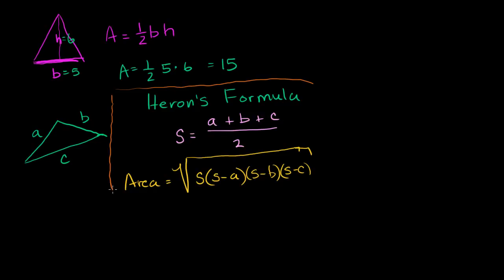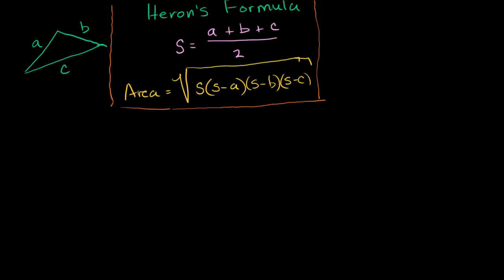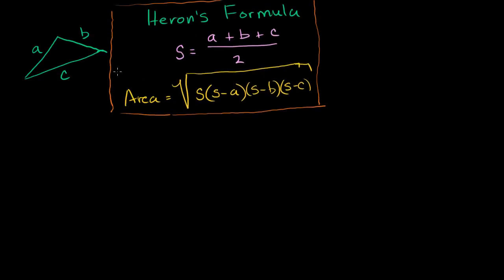And if that looks a little bit daunting, it is a little bit more daunting, clearly, than just 1/2 times base times height. Let's do it with an actual example or two and actually see that it's not so bad. So let's say I have a triangle. I'll leave the formula up there. So let's say I have a triangle that has sides of length 9, 11, and 16.